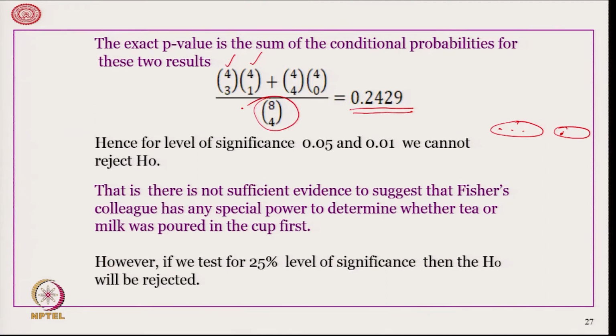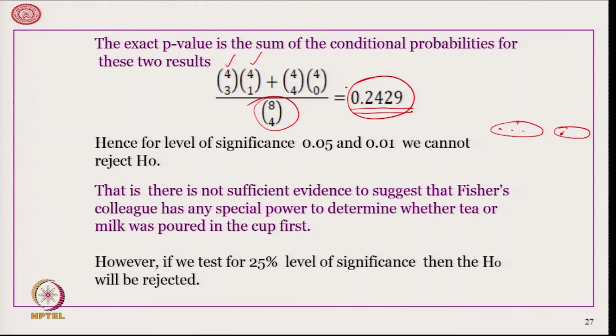The result is coming out to be 0.2429. Hence, for level of significance 0.05 and 0.01, we cannot reject the null hypothesis, because this value is pretty high.